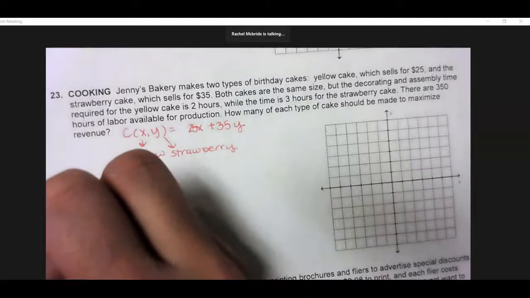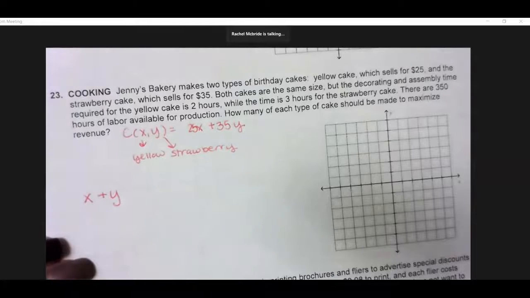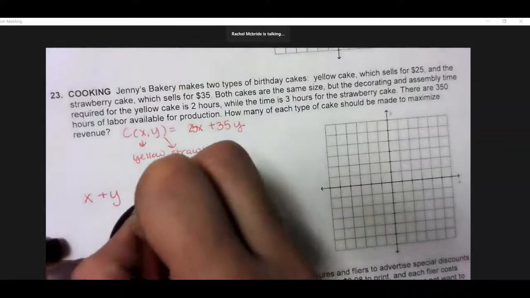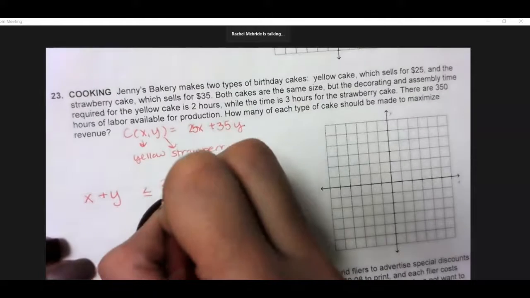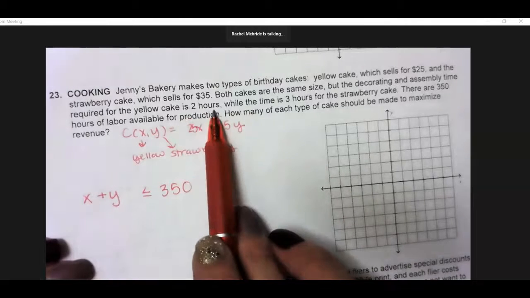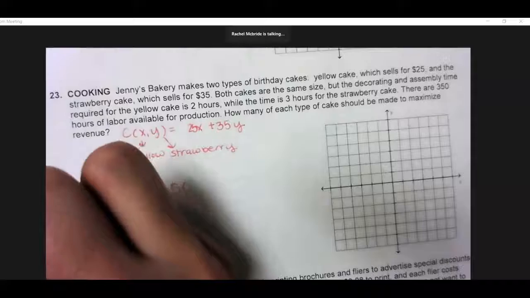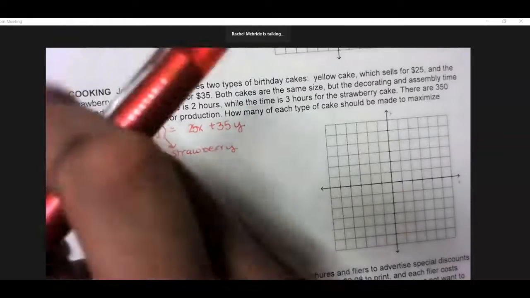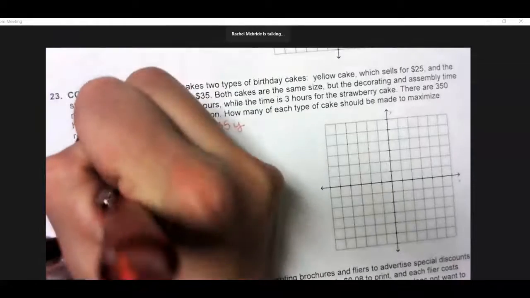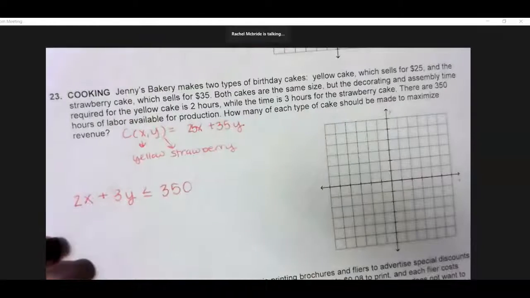So what that means is X plus Y has to be less than or equal to 350. And then we have to take into account the hours to produce each cake. So it's 2x. I didn't leave myself space in the right spot. And 3y.